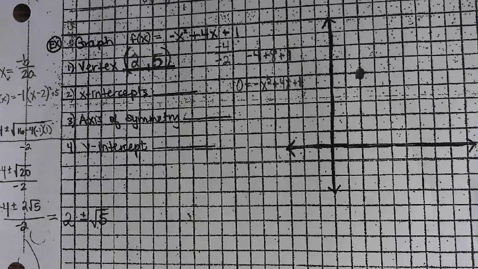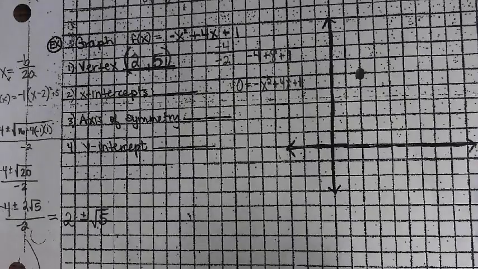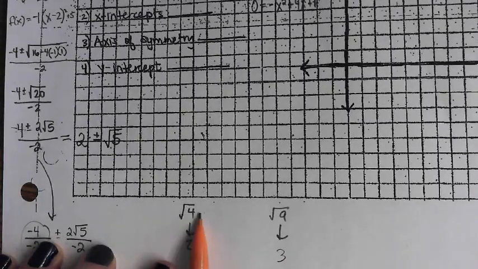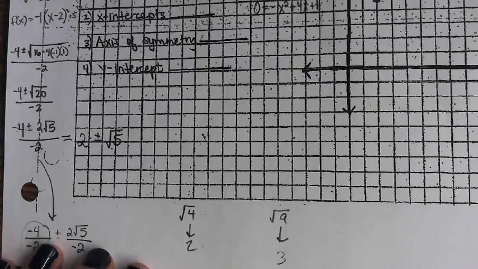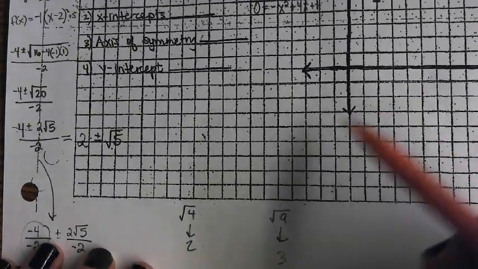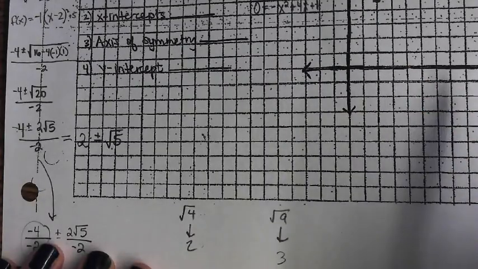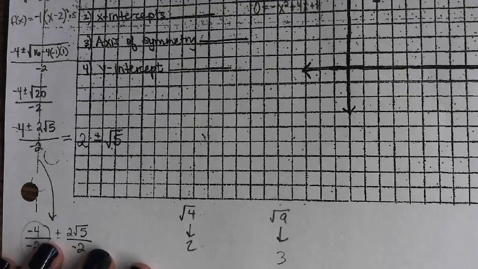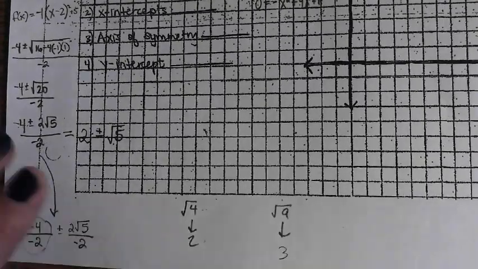Closer to which one? You know root 4 is 2, and you know root 9 is 3. Because root 5 is closer to root 4, so your answer is 2.1, 2.2, something like that. The fact of the matter is we don't have to be that exact because we're not on a perfect decimal number line. But 2 plus, let's just say 2.1, would be 4.1.